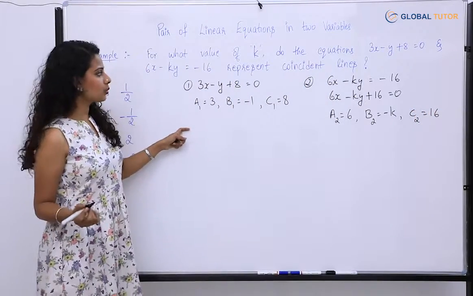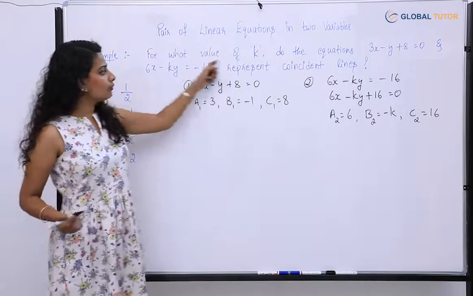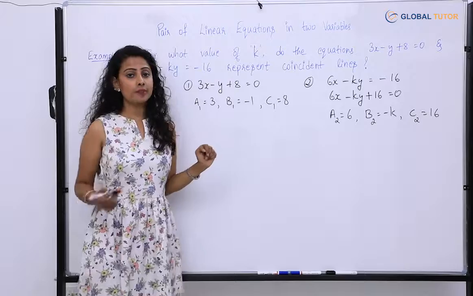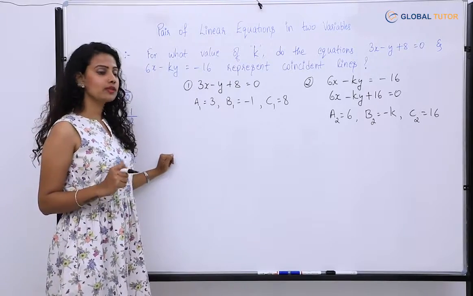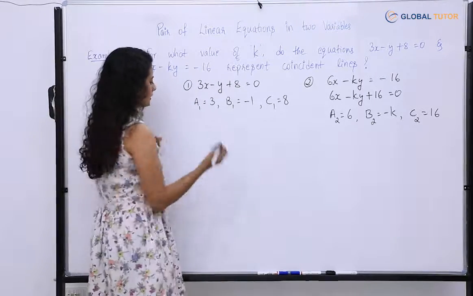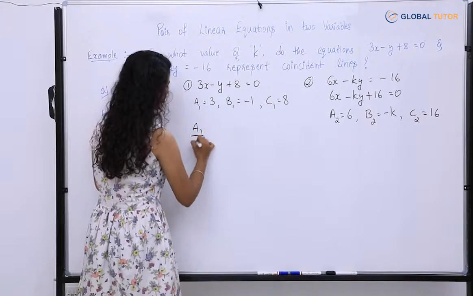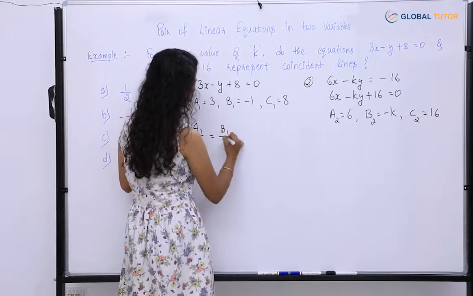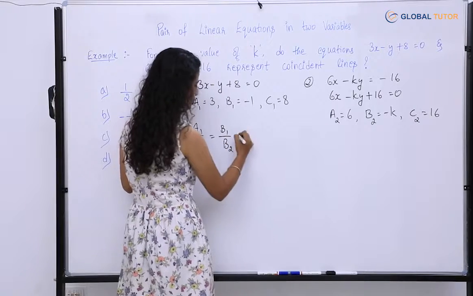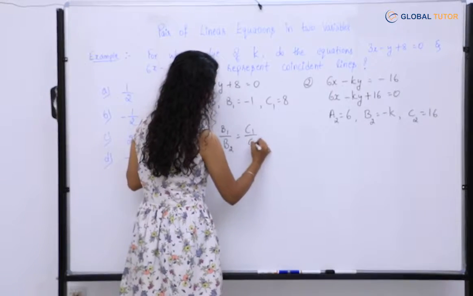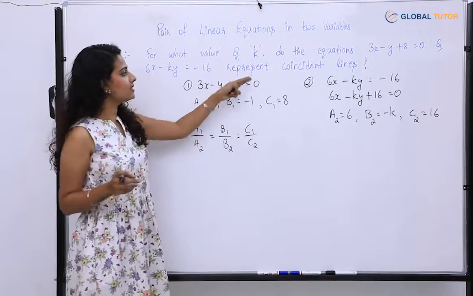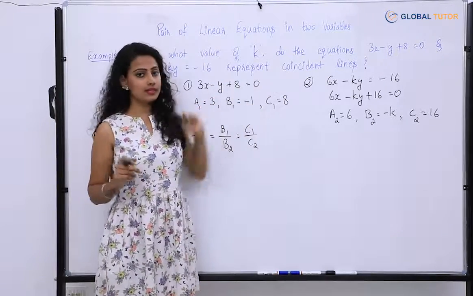Now they asked us a question, for what value of k do these equations represent coincident line? So what is the condition for a coincident line? So it should be A1 by A2 is equal to B1 by B2, which should be equal to C1 by C2. So in this condition is when two lines will represent a coincident lines.